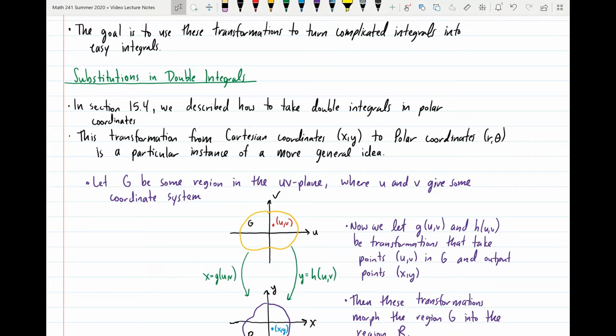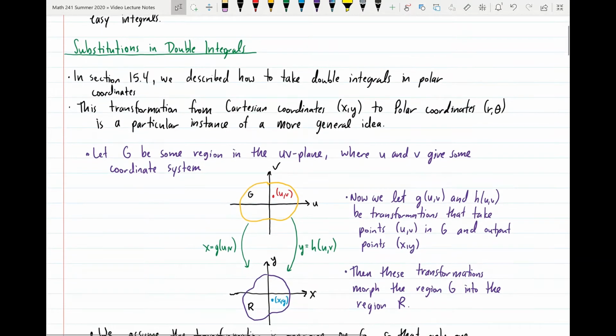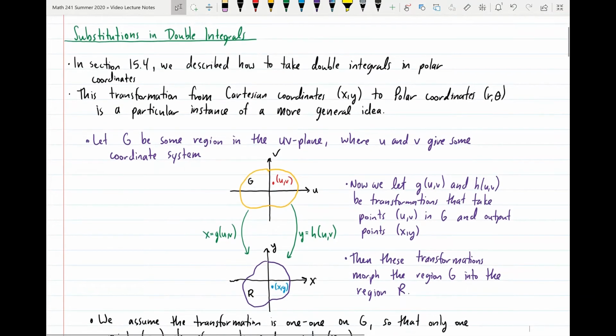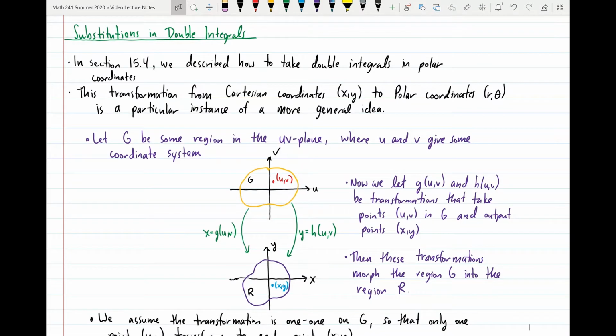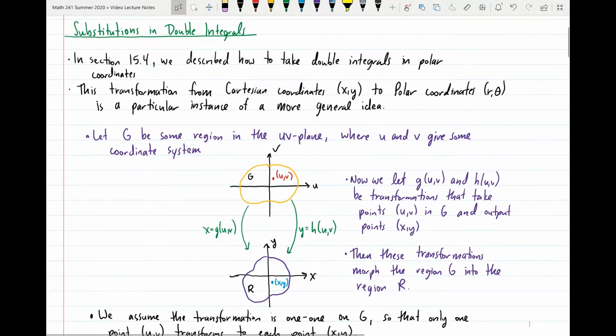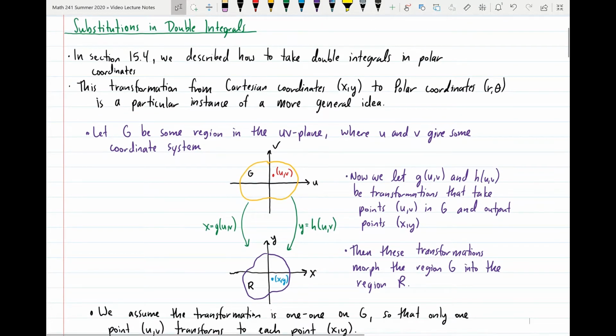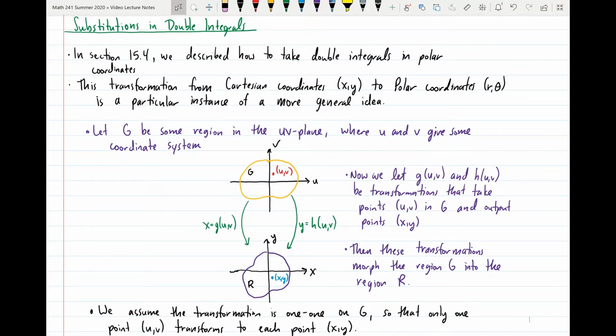It turns out that this transformation from Cartesian coordinates into polar coordinates is really just one particular instance of a much more general idea. We'll talk about how we can apply transformations that go from Cartesian coordinates to other kinds of coordinates that don't have names, not even just spherical coordinates, but you'll see what I mean below.